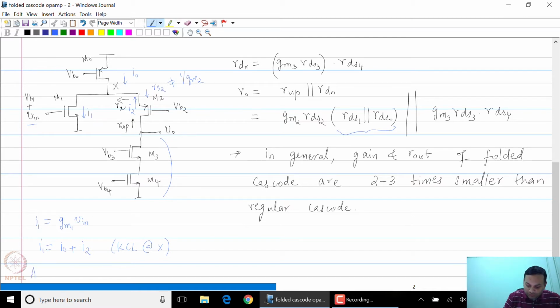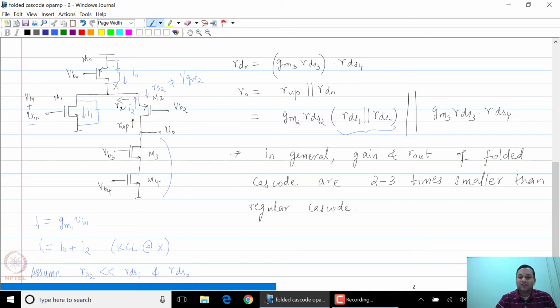So we will assume that RS2 is designed to be much smaller than RDS1 and RDS0. So there are three paths for the current to flow at node X. One of them is the output impedance of transistor M1. The other is the output impedance of transistor M0, and the third path is through the source of M2 itself.